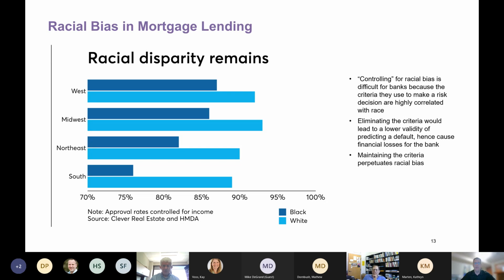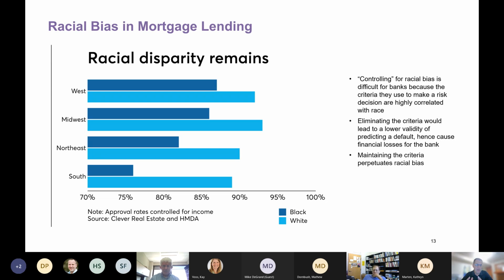It puts the banks sometimes in a difficult spot, because they try to make the case, we were using objective criteria. We were using the same exact criteria for every race. The problem is that many of these criteria themselves correlate with race, right?